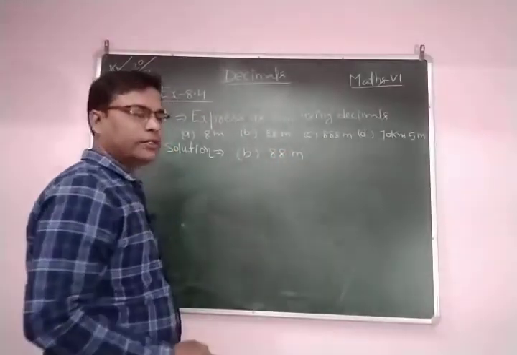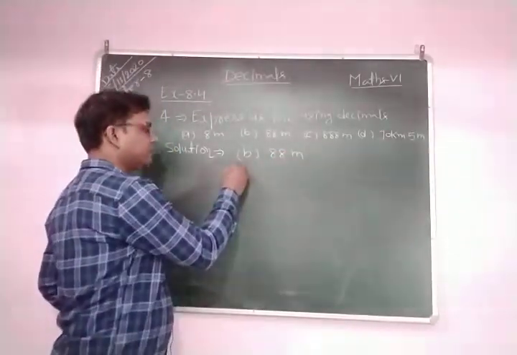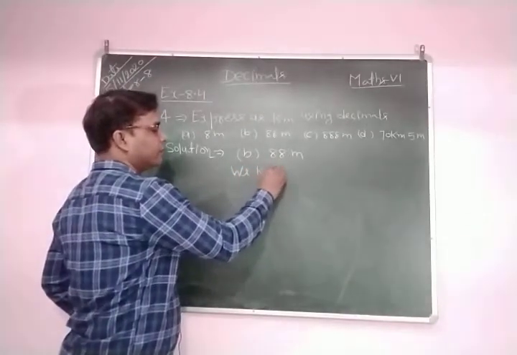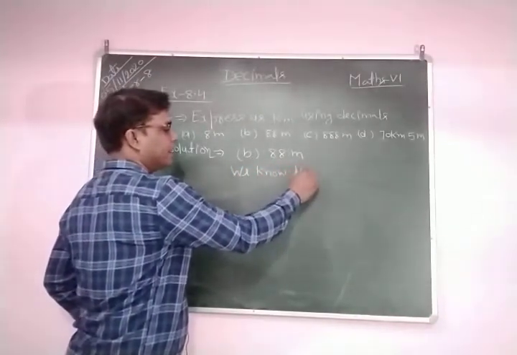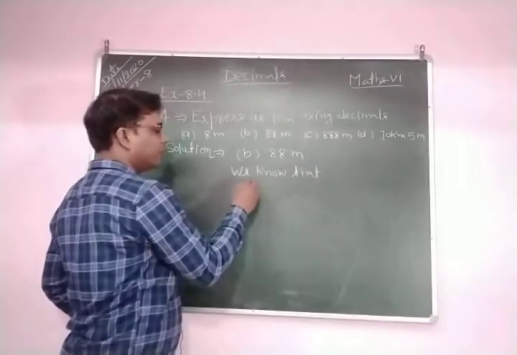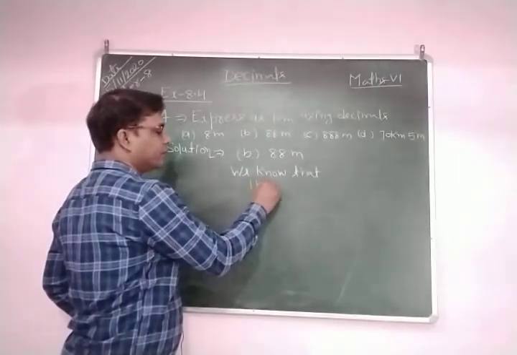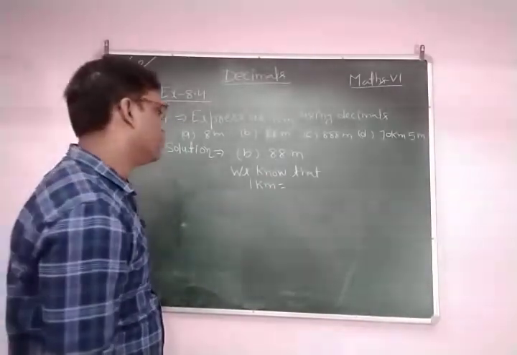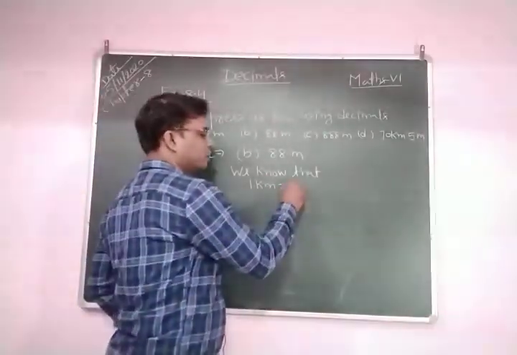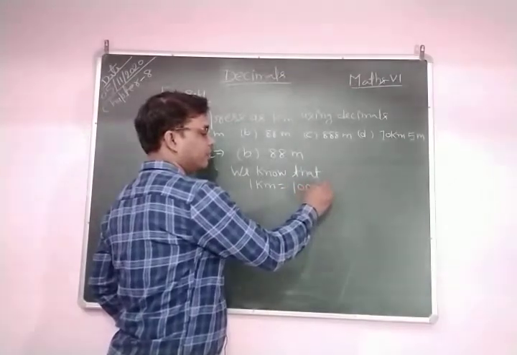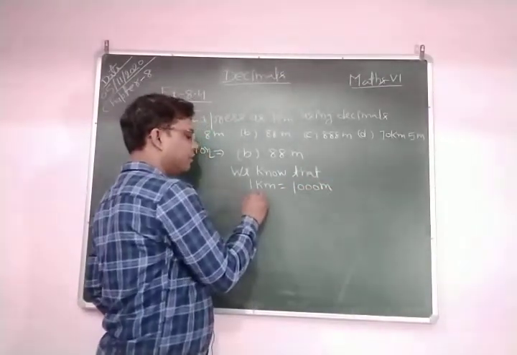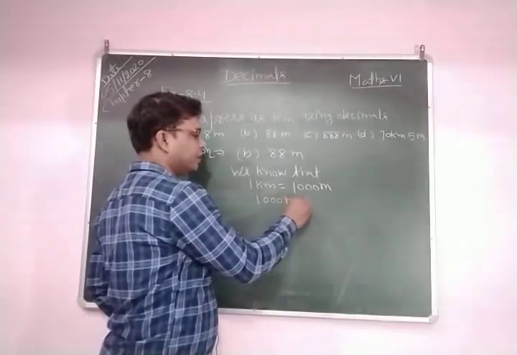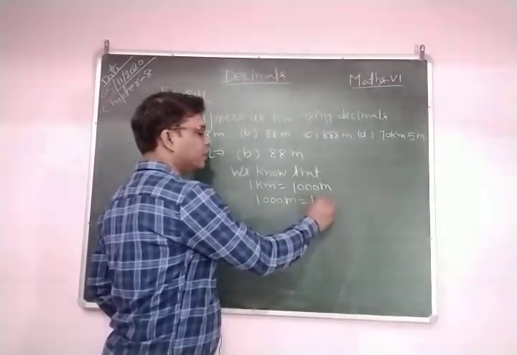Okay, so in this question again we write what you know: 1 km represents kilometer, m represents meter. 1 kilometer is equal to 1000 meters, or we can write 1000 meters is equal to 1 kilometer.